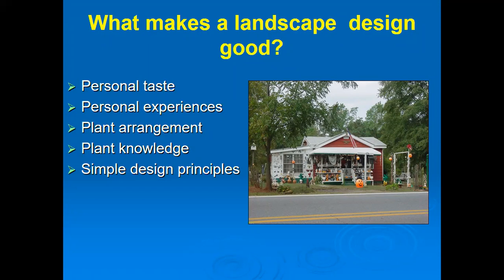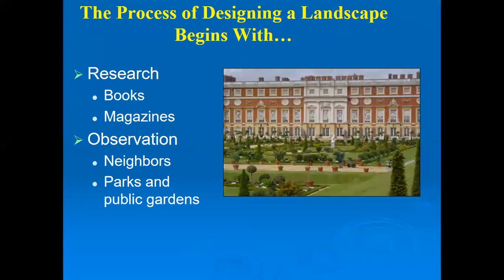Blending plants together in the landscape requires both a knowledge of plants and how they will perform. Where do you begin? Well, there are several ways. This is a formal garden over in Britain. I forgot what it was called. You could research books and magazines, go on the internet and do research.